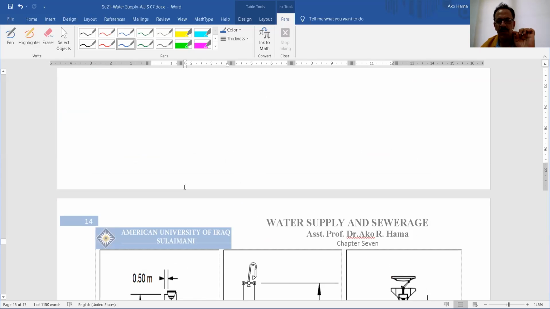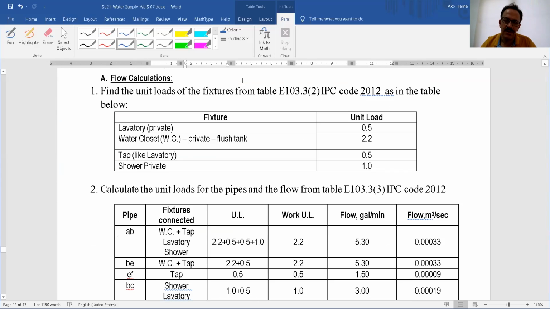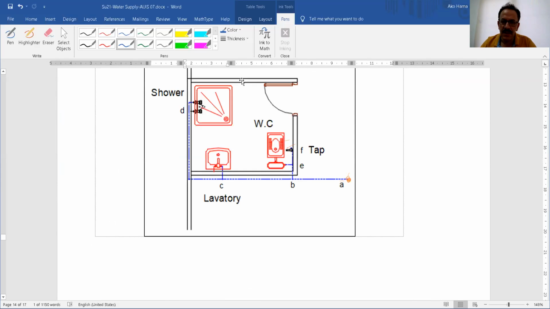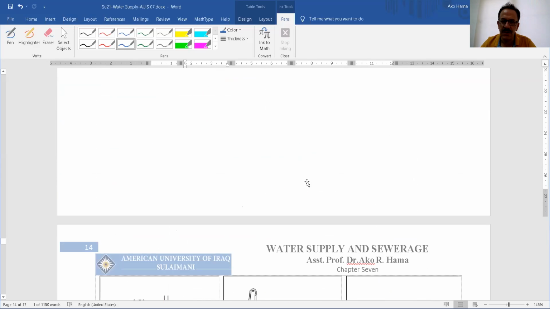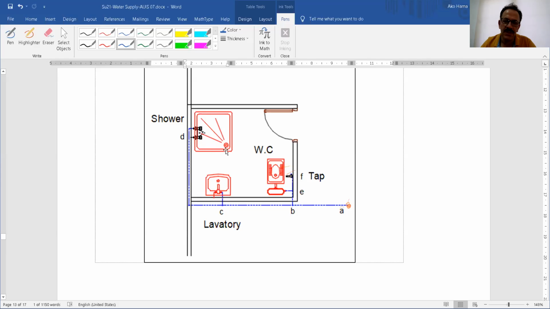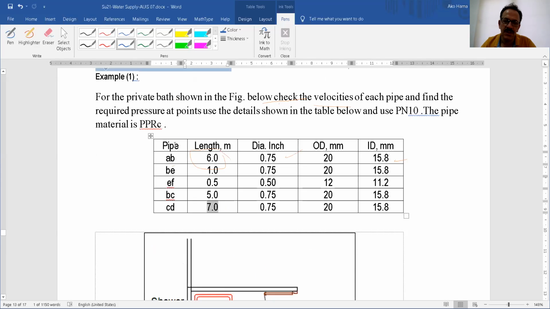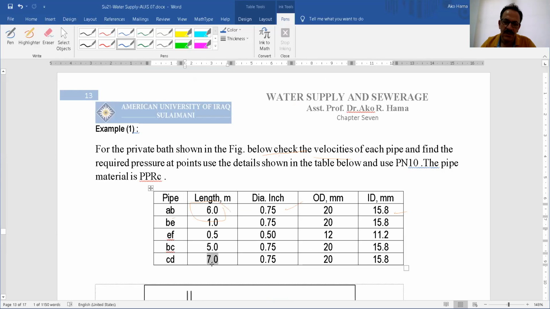You have to be aware that when you calculate the head loss, you have to take the whole length of the pipe, horizontal and vertical, added together. Also, another detail we have is for the shower. From C to D is 7 meters.